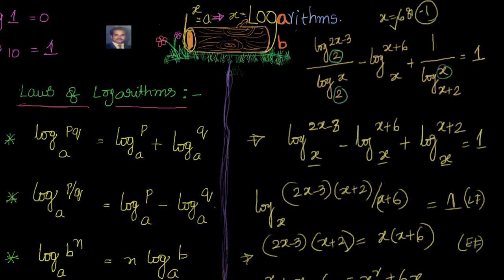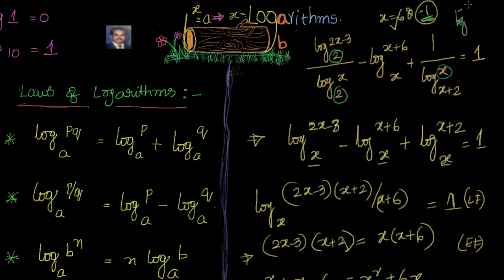Okay. See here. If x equal to 6, 2 into 6, 12 minus 3, 9. Log of 9 you can find out. Log of 8 you can find out. No problem. But if x is minus 1, this becomes log of minus 5.